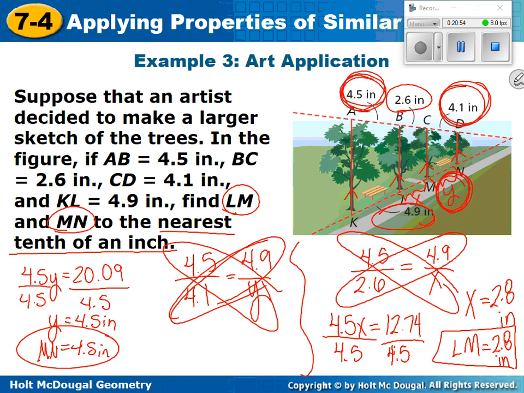Those transversals, not the parallel pieces, but the transversals get split into parts. So this would be A over B equals C over D. Are we okay with that?